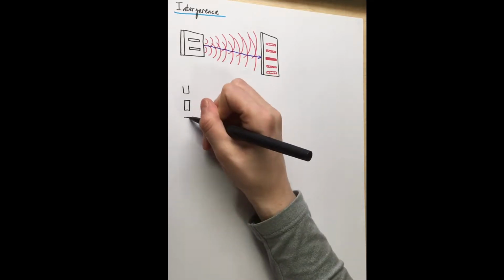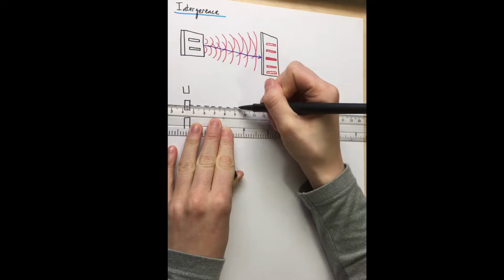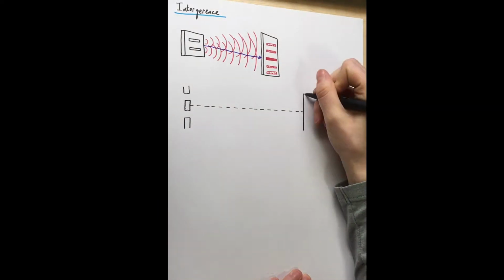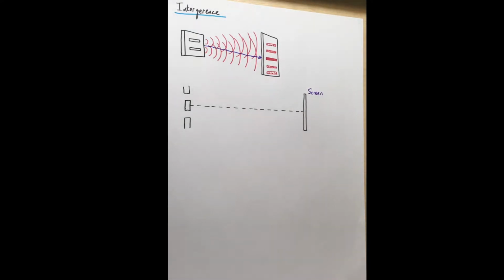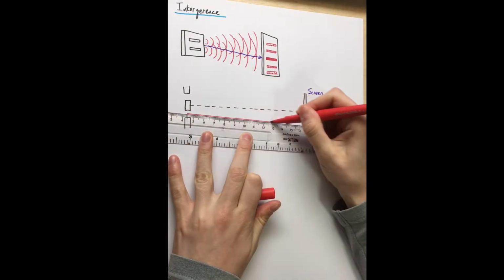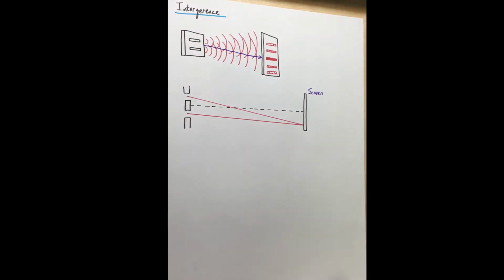If we zoom in onto what happens after the light passes through the two slits, we'll show the paths of the light rays travelling to a point on the screen.